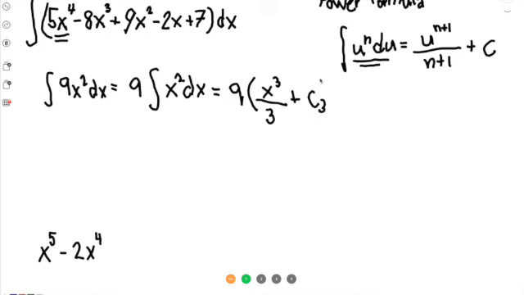And this one will cancel out. This would be 3. This would be 1. So we are left with 3x cubed plus the constant of integration 9c3, or let's just simply put it as c3. Okay. So this is our answer for the third expression.